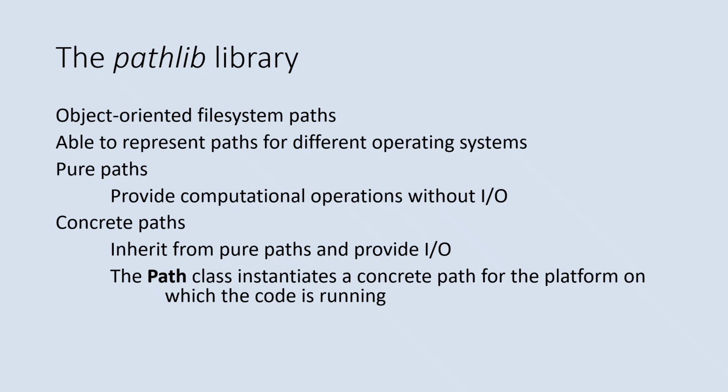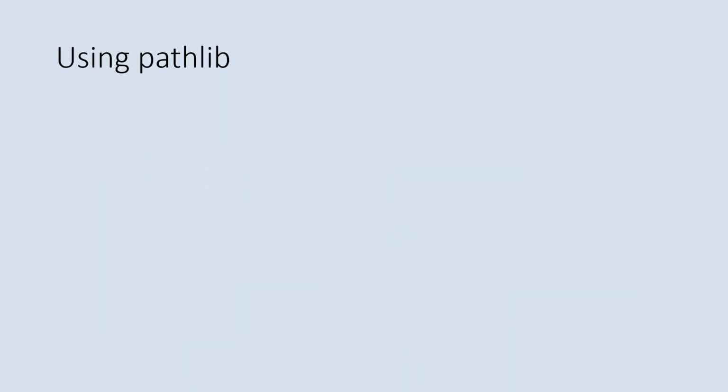So if you run it on a Linux machine or an Apple machine or a Windows machine, the code looks the same, but what happens behind the scenes is specific to that kind of computer. This library is described in PEP 428 if you want to take a look at the history and the details of the development of this particular library.